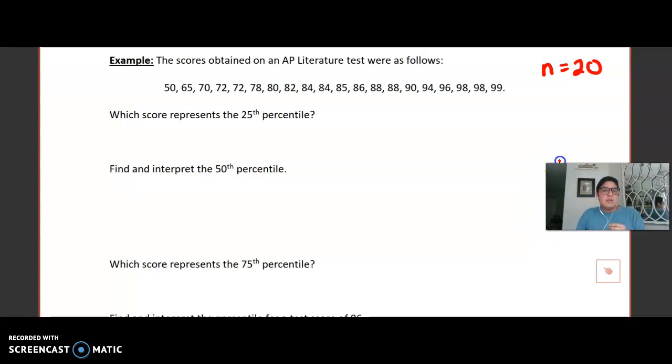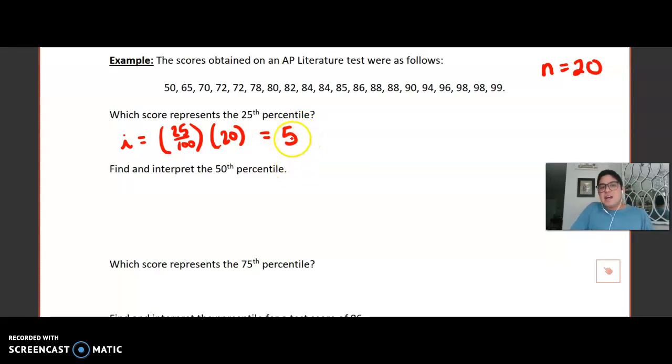Okay, so with this though, remember when we looked at our five-number summary, we were looking at n plus 1, and then at the median, which was the middle. But for this idea here, we can actually just find its position by multiplication. So for example, since I want the 25th percentile, that's 25 out of 100 times our sample size, so 0.25 times 20 is going to give me 5.